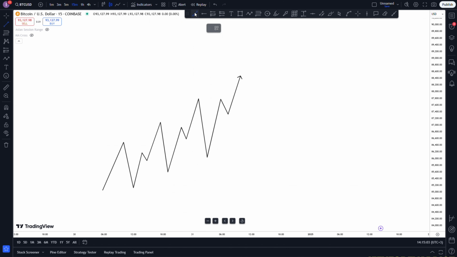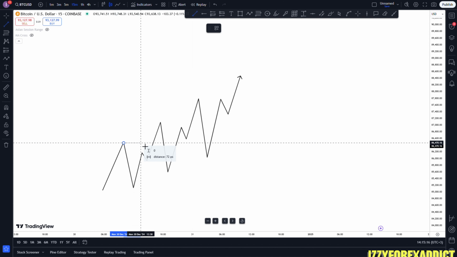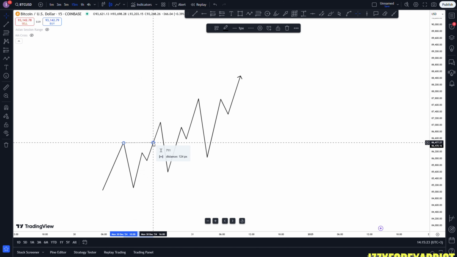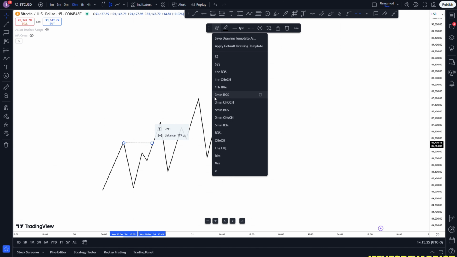So in the market structure, using the SMC strategy, we first have to learn how to map the market structure. Always make sure you have a break of structure in a bullish market. After getting this break of structure, let's mark it.